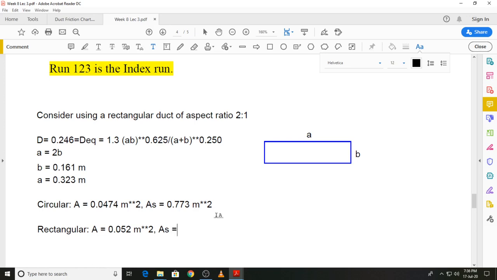We will assume again a unit length, so twice A plus B, that is 0.161 plus 0.323, that gives us a value of 0.968 square meters.